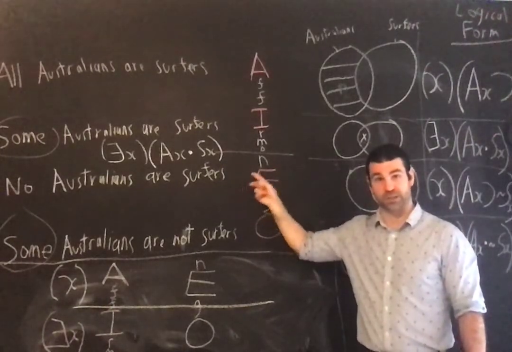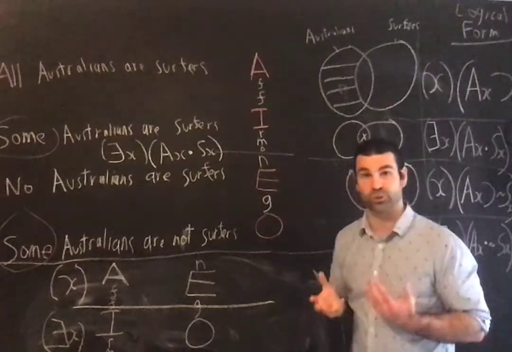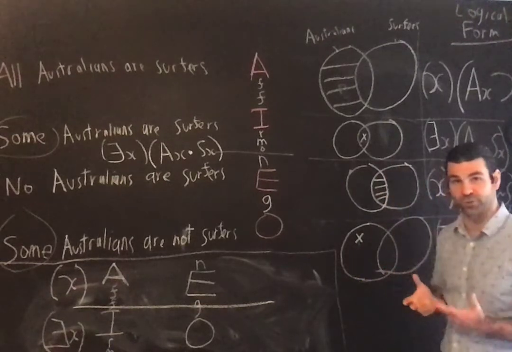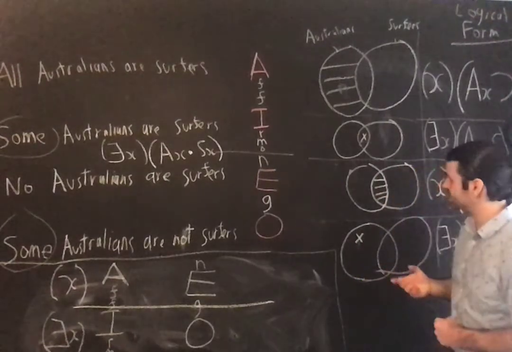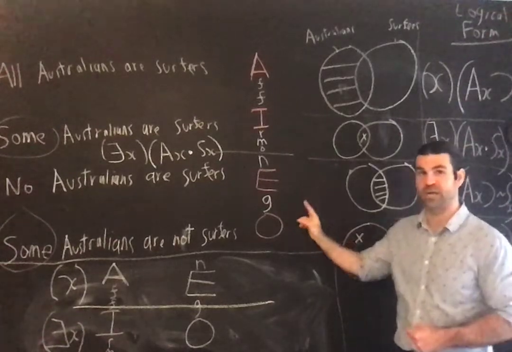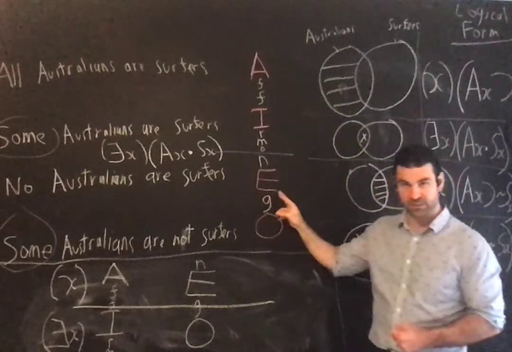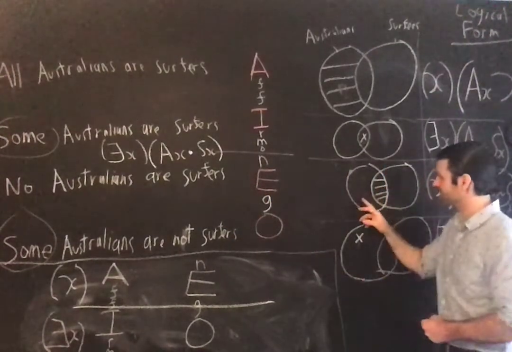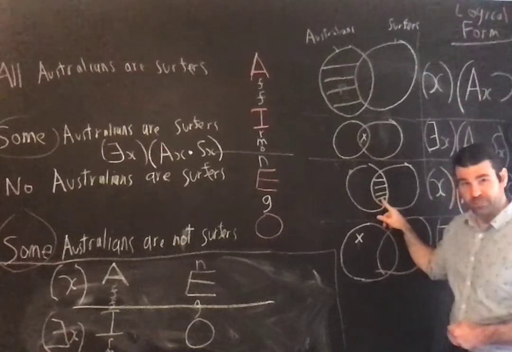No Australians are surfers. That's an example of universal exclusion. Okay, what is a Venn diagram for universal exclusion? What am I saying when I say that all of the subject class is excluded from the predicate class? No A's are B's. I have A's and B's as my subject and predicate. I'm saying that this section is empty, right?